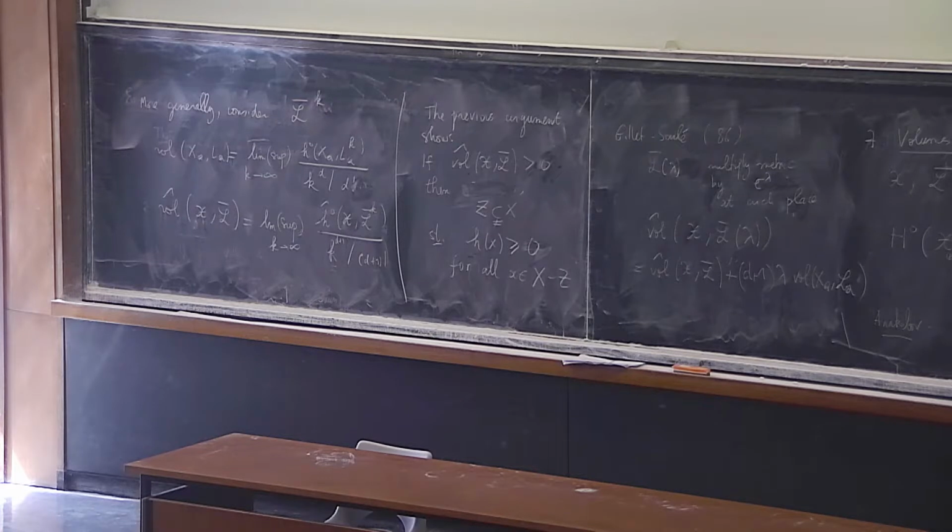So when you multiply the metric by lambda, you shift the arithmetic volume by lambda multiplied by the geometric volume and d plus 1, which is always there. Okay?